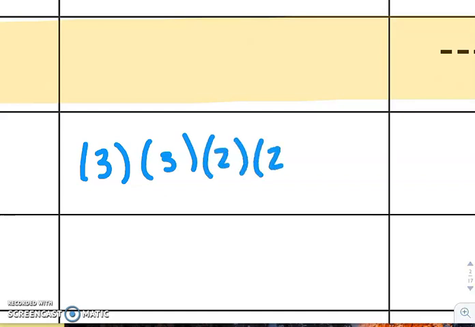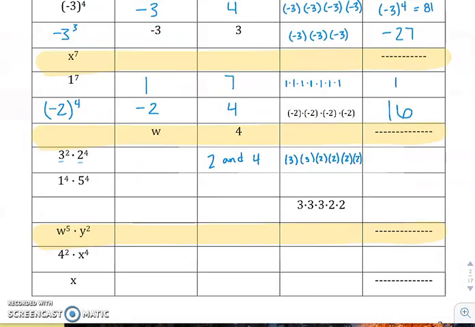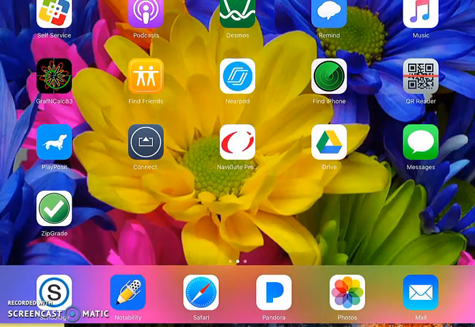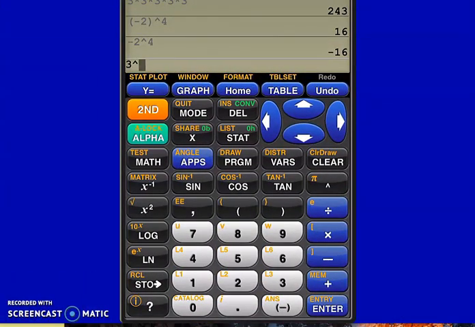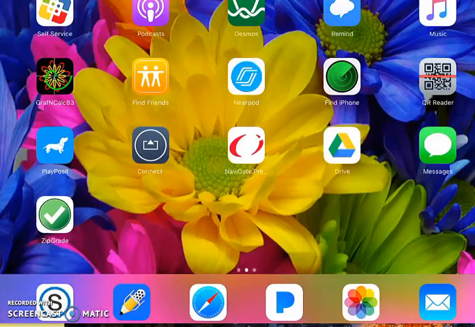So 2 3's and 4 2's. So you can type that in together just as you see it, like 3 squared times 2 to the 4th. So 3 squared times 2 to the 4th is 144.